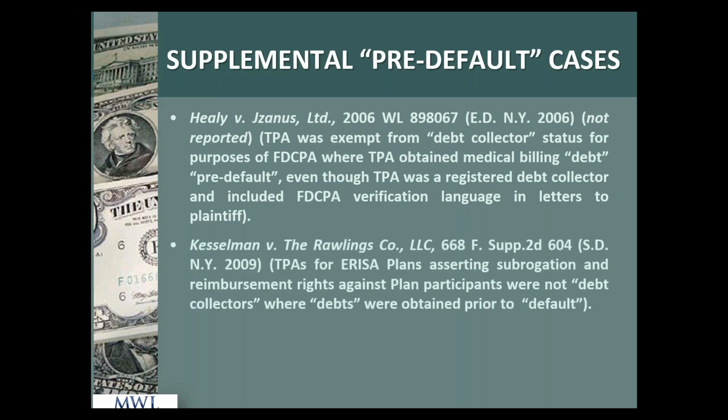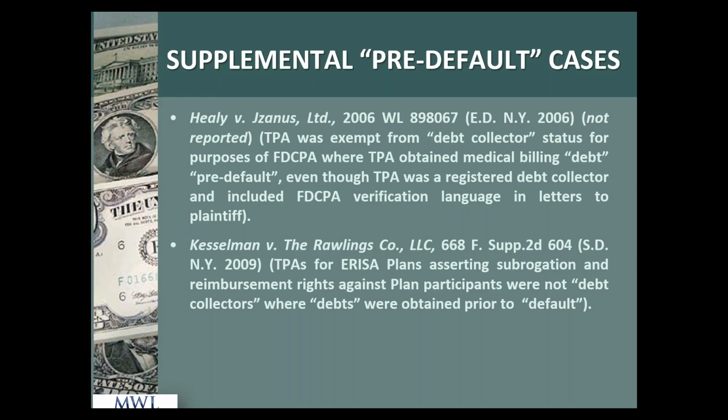But even still, the court said that very well may be, but this is not dispositive because they got this debt and even had asserted it prior to the time there was any sort of recovery. So we're not going to apply the act here. Then you have Kesselman versus the Rawlings Company. So we've had a couple of ERISA plans. The ERISA question was not really raised. We can discuss that later.